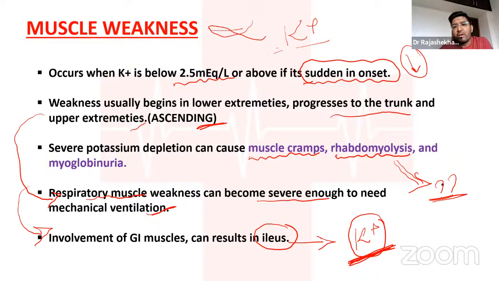In case of hypokalemia, you should understand the mechanism, because the body has a normal mechanism that during exercise the muscle needs more blood. This more blood is delivered with the vasodilatation which occurs during exercise. This exercise-induced vasodilatation is mediated by the potassium ions.